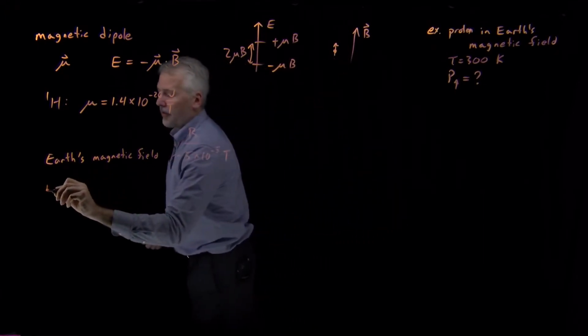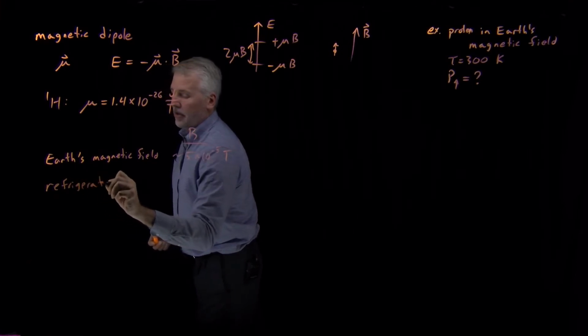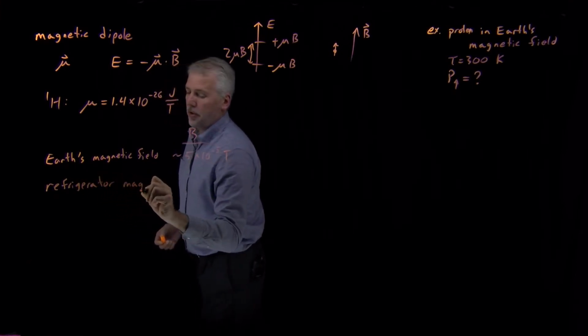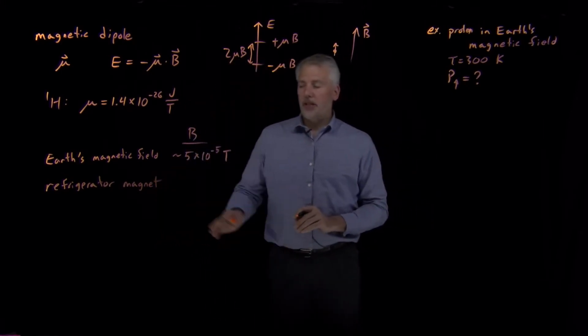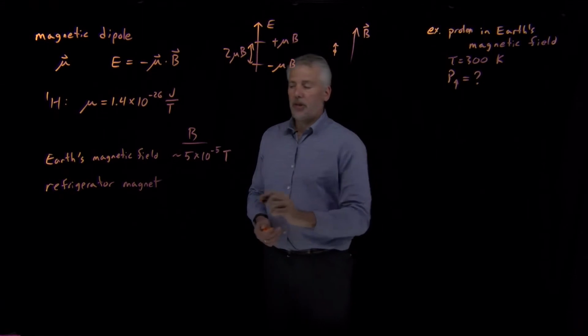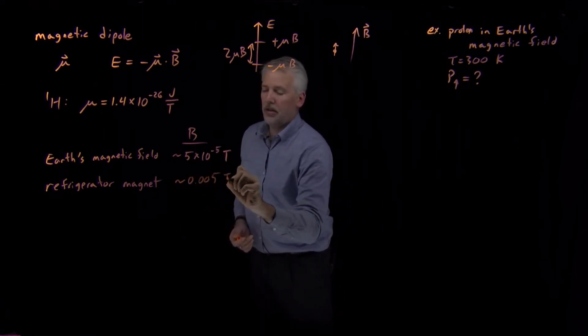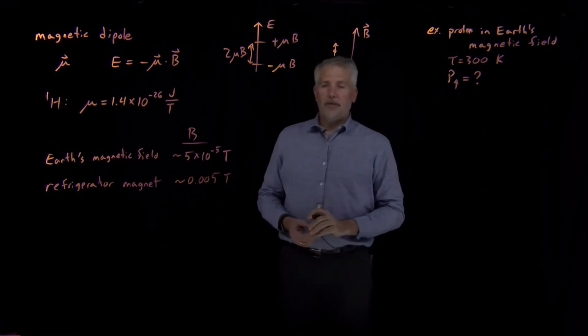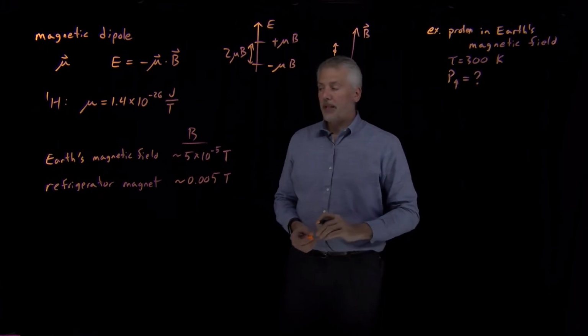A relatively weak magnet, like a refrigerator magnet, strong enough to stick to a large piece of iron like your refrigerator, is about 100 times stronger than the Earth's magnetic field, so that is about 0.005 Tesla, the strength of the magnetic field generated by a refrigerator magnet.